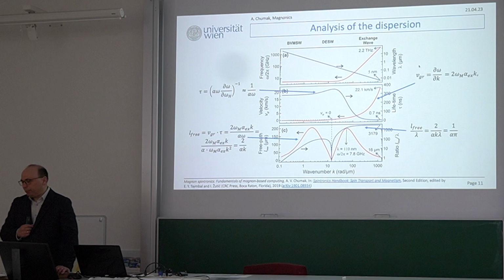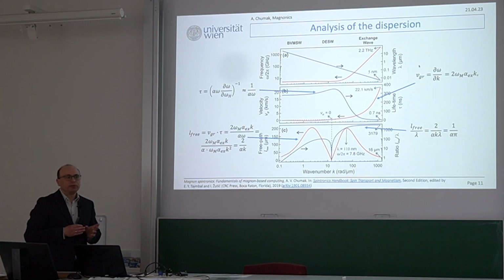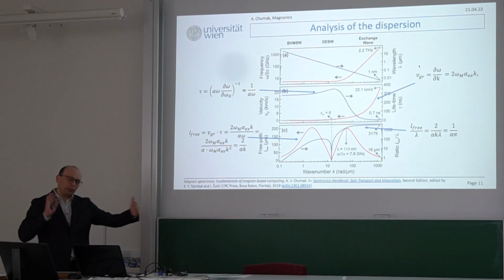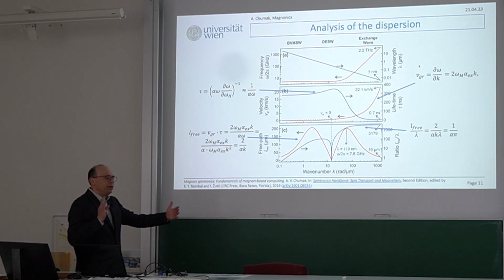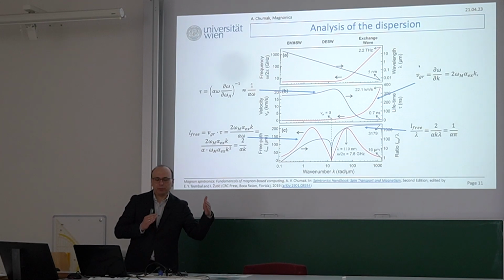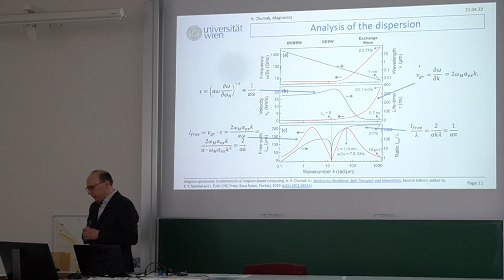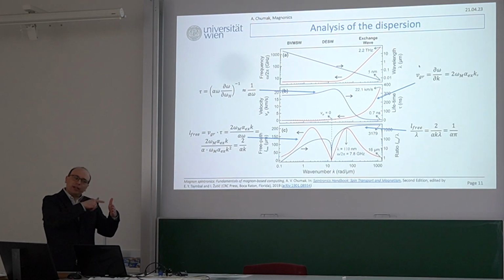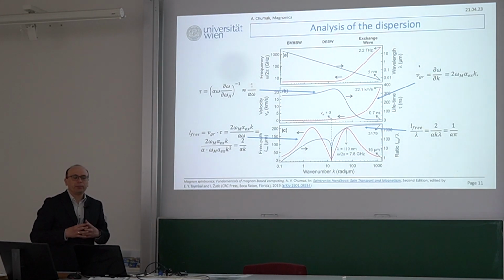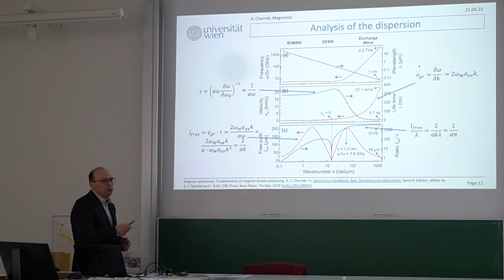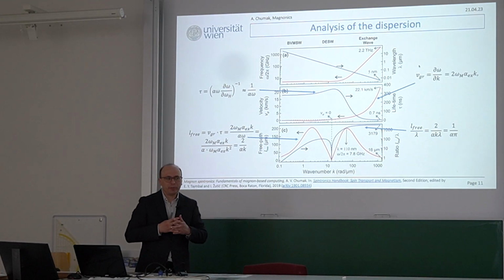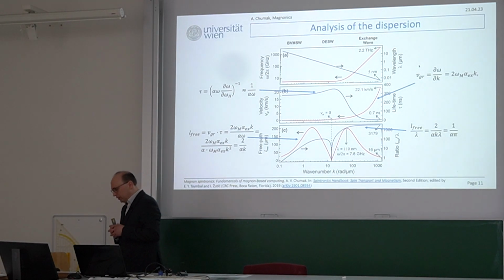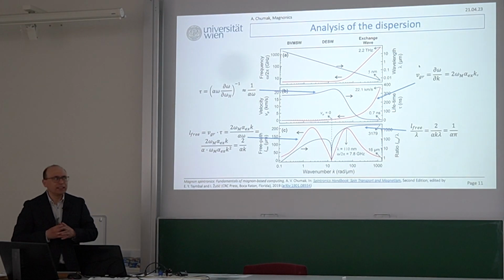Why 5 nanometers? Because I will show you soon that if you want to describe spin wave dispersion in the whole Brillouin zone, where the edge of the Brillouin zone is given simply by pi over a, with a the lattice constant, then your dispersion won't be quadratic, it will be cosine. It means that you can use all this formula only in maybe the first half of the Brillouin zone, or even less.